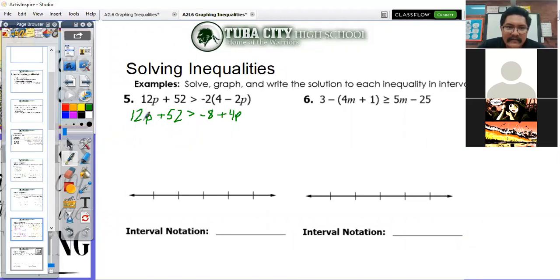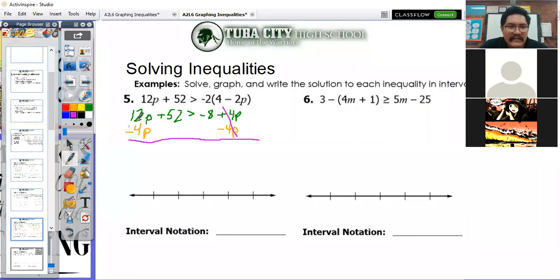Okay, I don't have any like terms, so now I have to pick a side for the P to go on. I'm going to move this off of this side because if I can, I want this variable to stay positive and stay on the left.